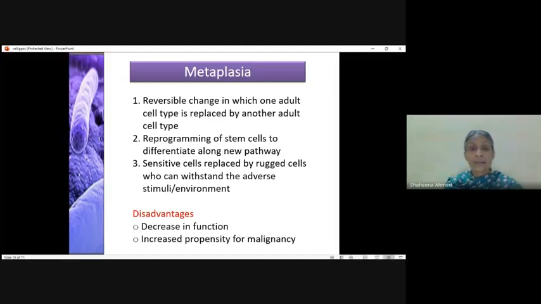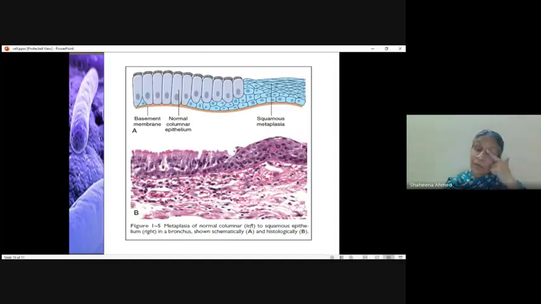The classical example is the epithelia of smokers, due to the nicotine and other chemicals which are inhaled. The normal columnar epithelium of the respiratory tract cannot tolerate those strong chemicals, that strong nicotine, because it injures these cells. So with time, these columnar cells are replaced by squamous cells. Squamous cells are stronger, more robust cells, they can withstand these toxic chemicals.